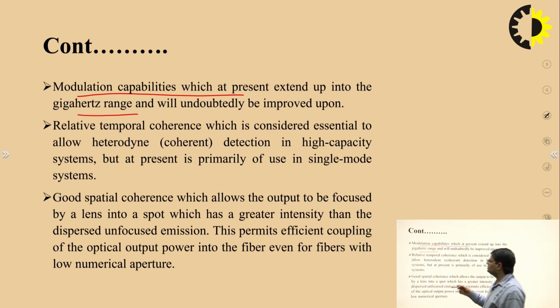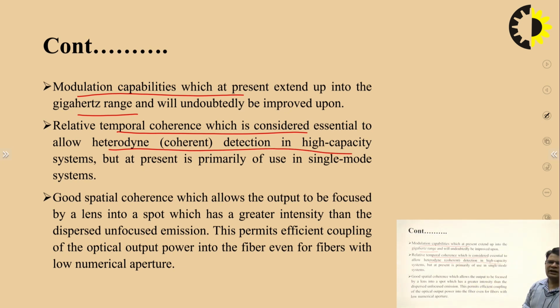Another advantage is relative temporal coherence, which allows heterodyne detection or coherent detection in high capacity systems. Because of relative temporal coherence with the laser, we get the advantage of using coherent detection, or we can also say heterodyne detection.